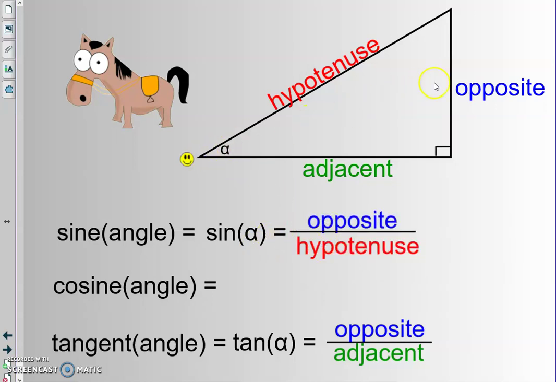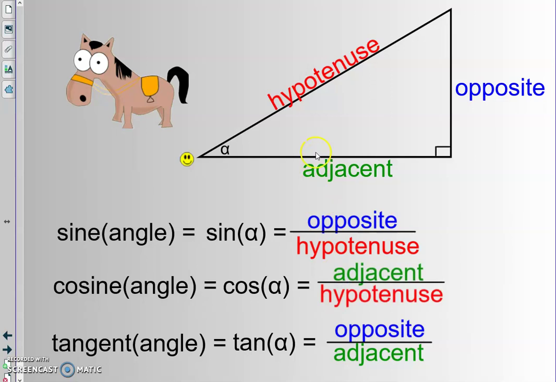So standing here, it's the ratio of the side opposite where we are to the hypotenuse of the triangle. Now remember, the hypotenuse of a triangle is always the side opposite the right angle. The third of the three basic trig functions is the cosine of an angle, and it's abbreviated COS, so this is read the cosine of alpha, and it's the ratio of the side next to where you're standing, or the adjacent side, to the hypotenuse.